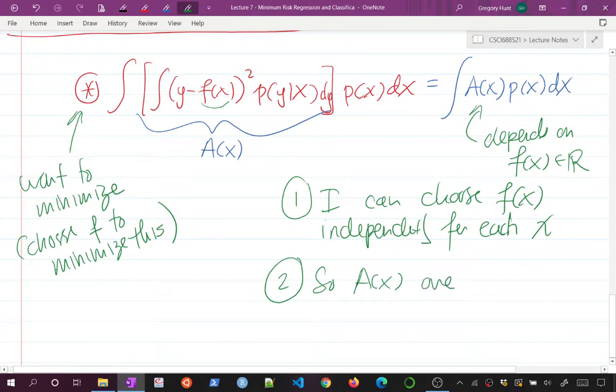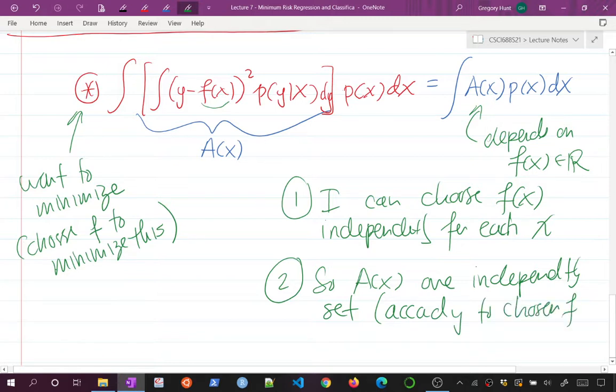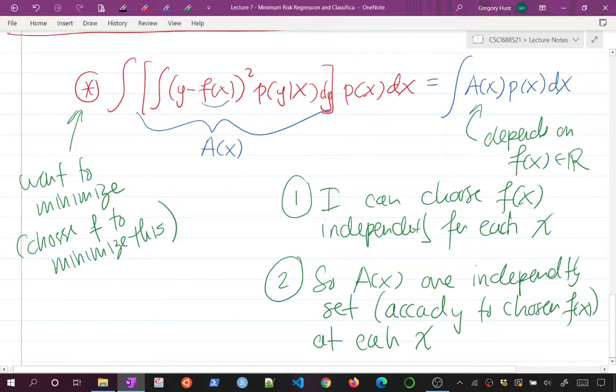are independently set, say, according to chosen f of x at each x. Okay, that means the a of x at one value of x does not affect the a of x at another value of x, right?